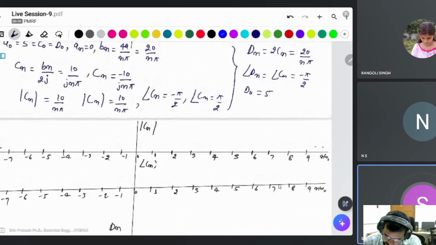At 0, C0 is 5. Next one is the first harmonic, 10 by pi.